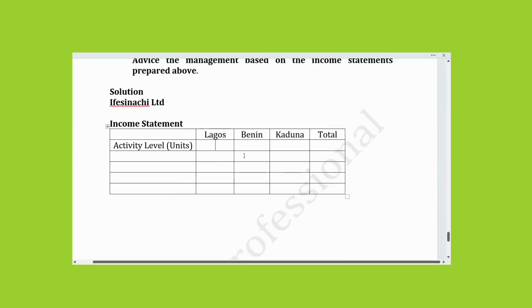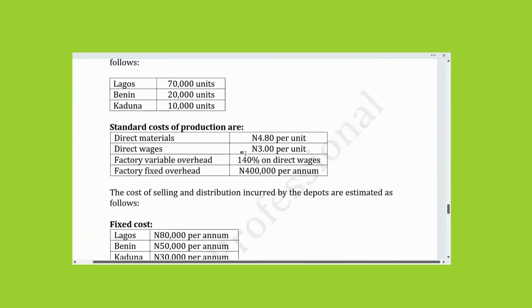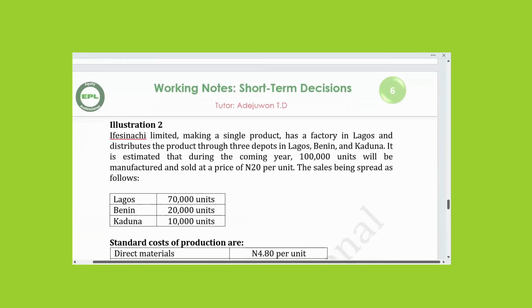Now, according to the question, we are told that the company has estimated that during the coming year, 100,000 units will be manufactured and sold at 20 naira per unit.